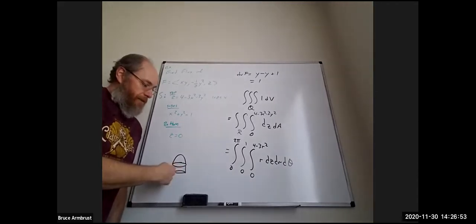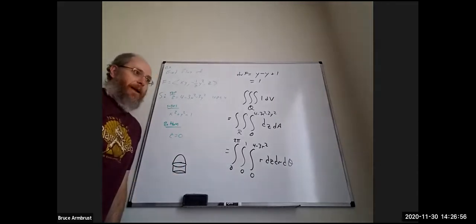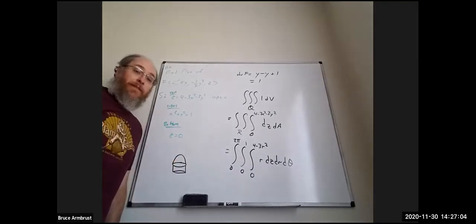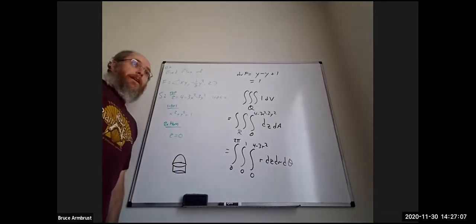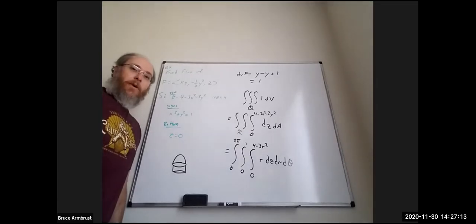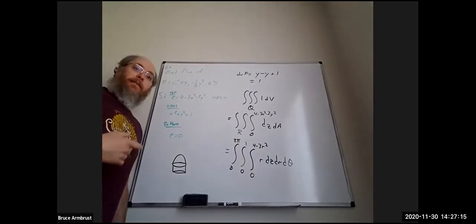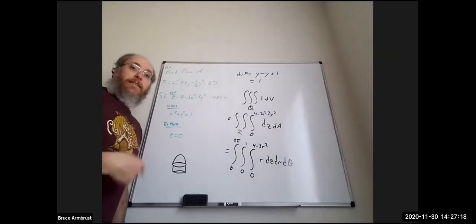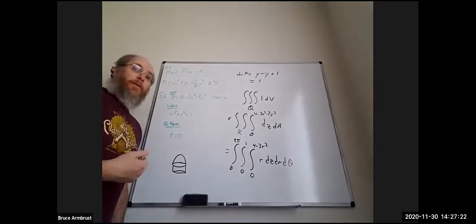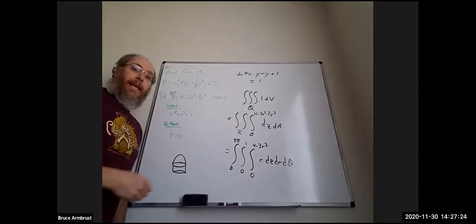The side, well, again, the parameterization is pretty easy because it's just a cylinder. And the top, since it's a function, I don't know if you remember, but there is a way of finding those normal vectors pretty easily for functions. Those were where you did either the negative partial with respect to x, negative partial with respect to y, comma 1, or the positive partials with x and y, comma negative 1.